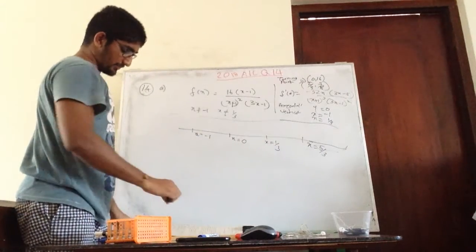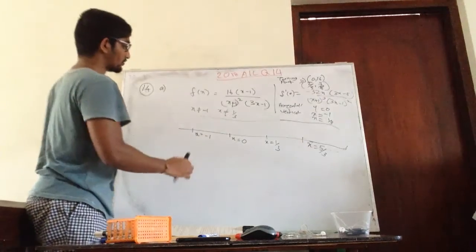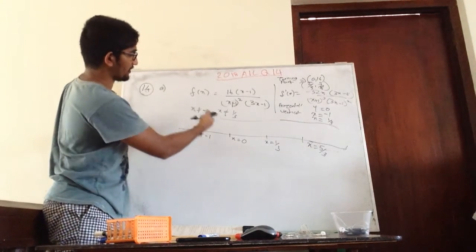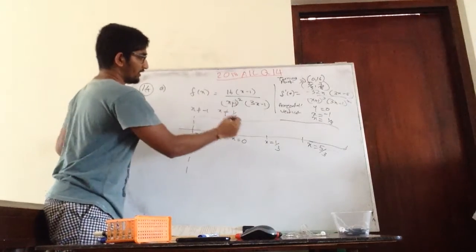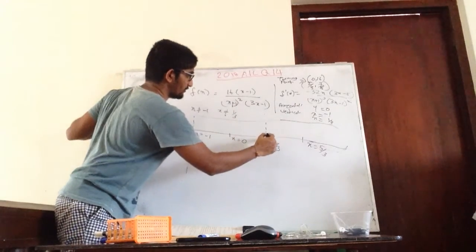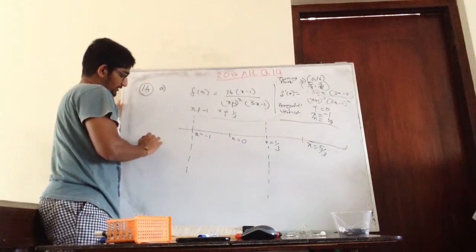These are the points that we need to evaluate. When x equals -1 it is going to be an asymptote, and x equals 1/3 is also going to be an asymptote. Right, so now let's consider this dy/dx.